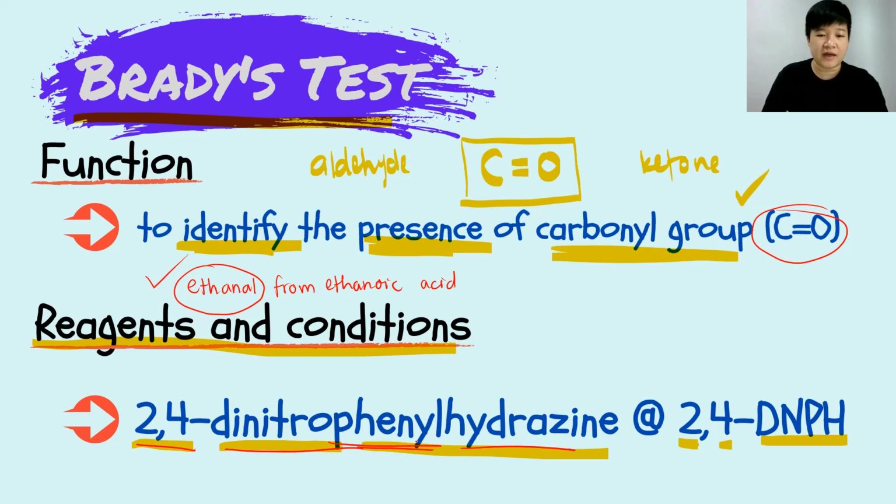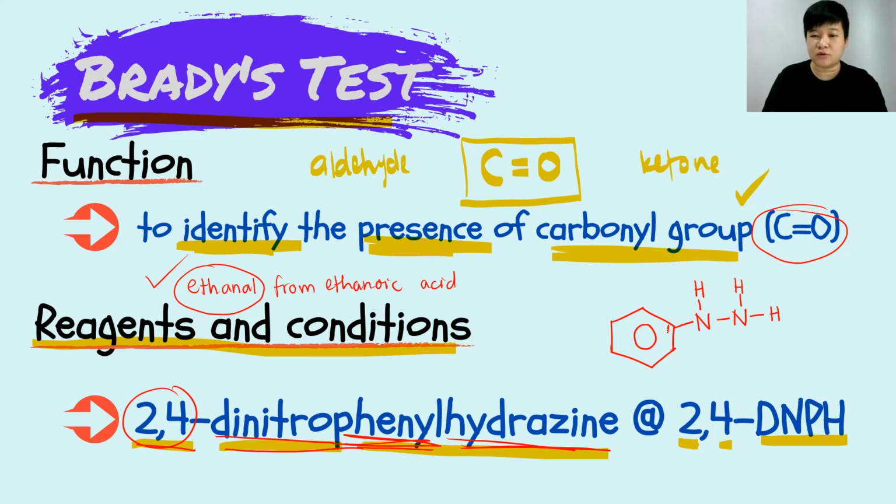You have the word phenyl over here, which means you have the presence of a benzene ring. Hydrazine as your parent. Hydrazine is actually N single bond N. Complete it with hydrogen. One nitrogen can hold 3 bonds, so complete the 3 bonds with hydrogen. And then you have your 2,4-dinitro.